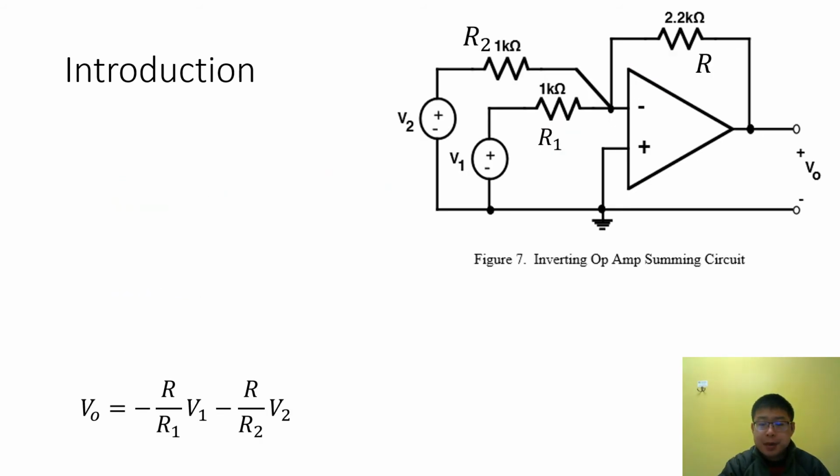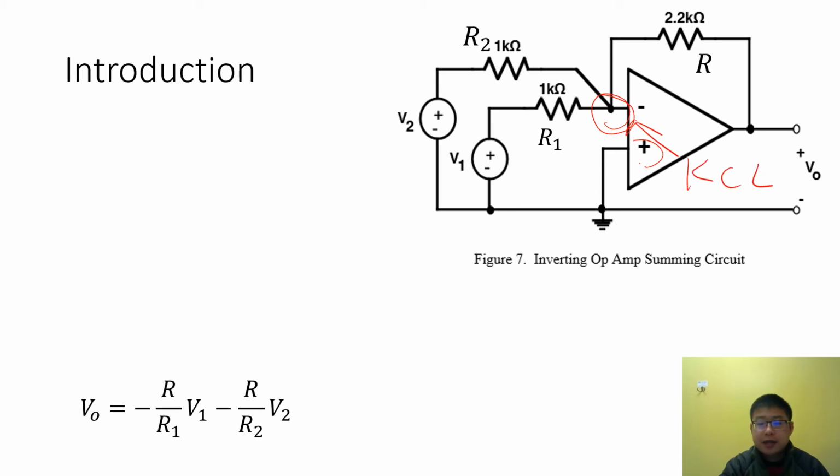The third example is the inverting operational amplifier summing circuit. This is similar to the previous example. The positive terminal is connected with the ground, so the voltage of the negative terminal should be equal to 0, and we apply KCL on this node.